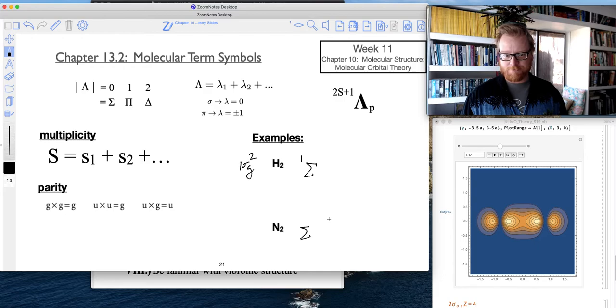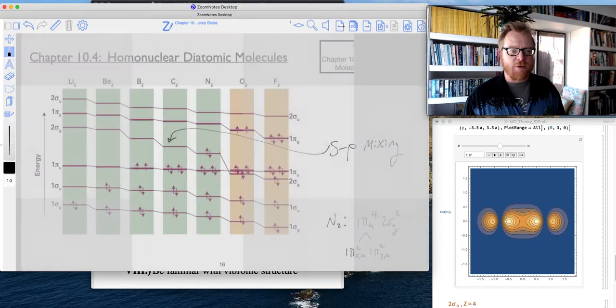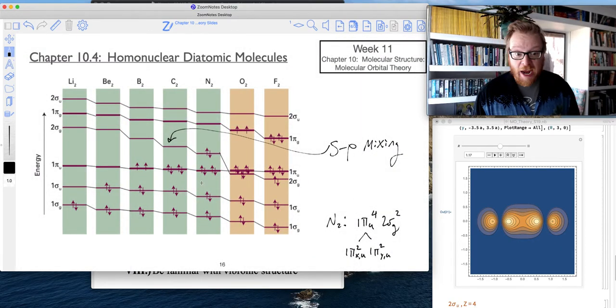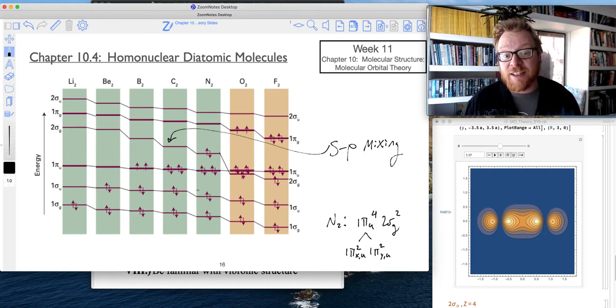And similarly, nitrogen, if we recall, let's go back and just look at its MO diagram. Nitrogen has everything all paired up as well. When we look at all of these electrons, it's a lot more complicated than H2, but they're all singlet states. They're all paired up.